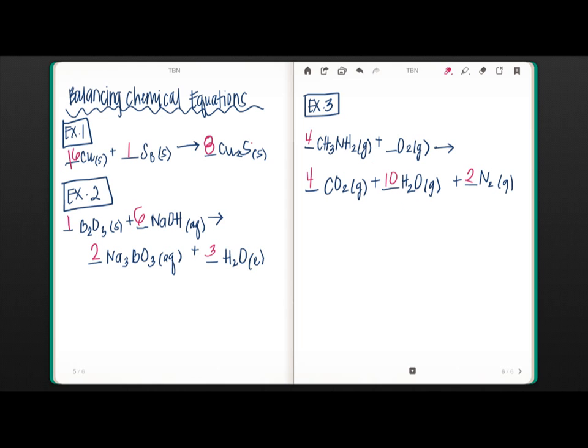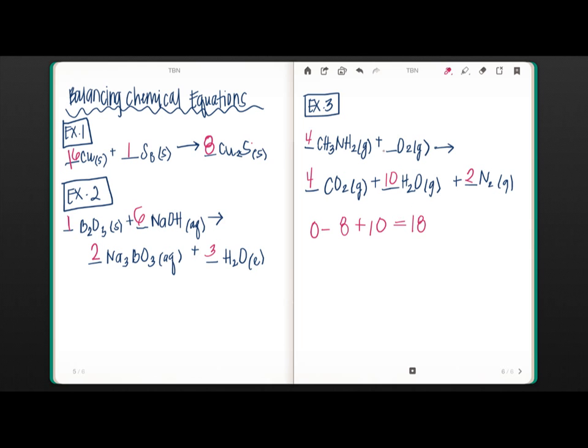So 20 hydrogen, 20 hydrogen, and then we have to balance out the oxygen. So let's see if this works. Let me do the oxygen again. For oxygen, 4 times 2 is 8, plus 10 times 1 is 10, so that equals 18 oxygen on the product side.